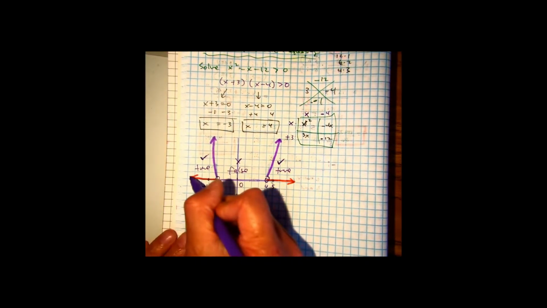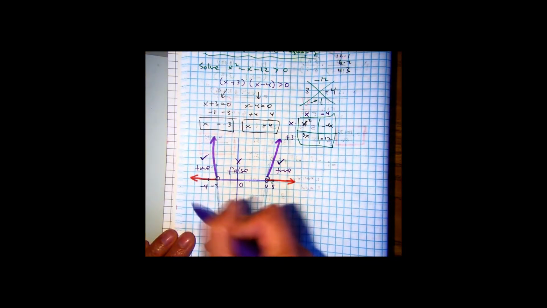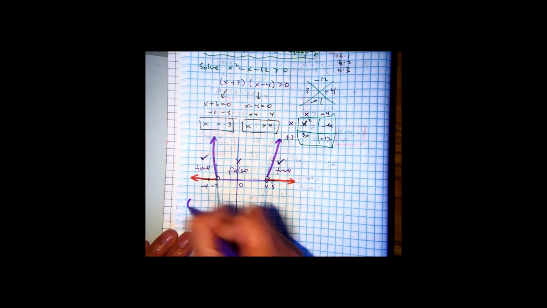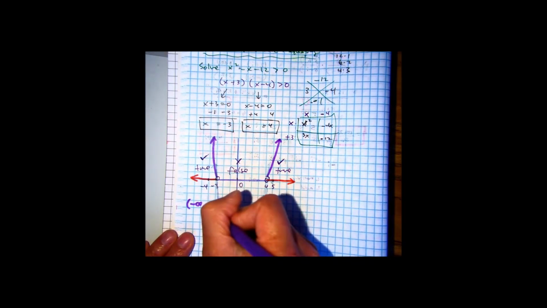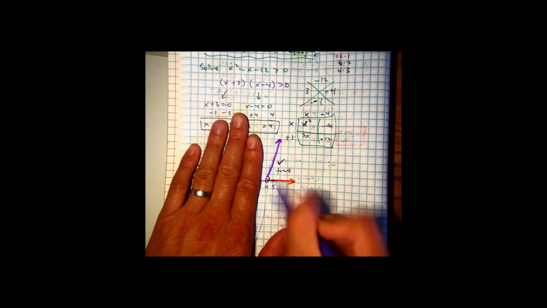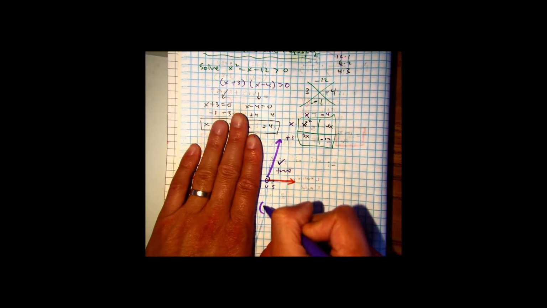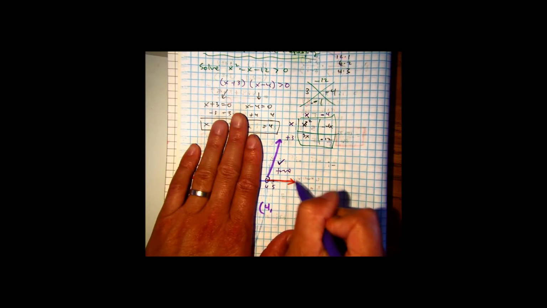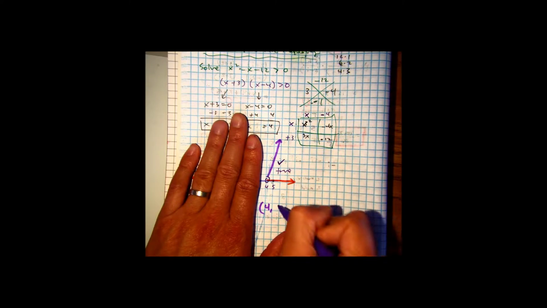Let's write our solutions in interval notation. Class, where is this coming from? Negative infinity. And it stops here at parentheses or bracket? Parentheses, because it's an open circle. Let's do this side. I'm starting here at this number, which is what? 4, and I'm going towards positive infinity.